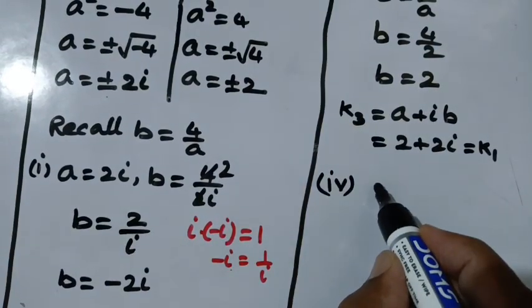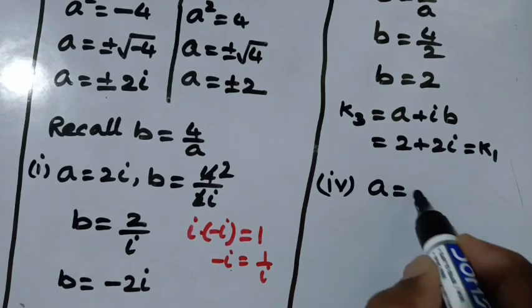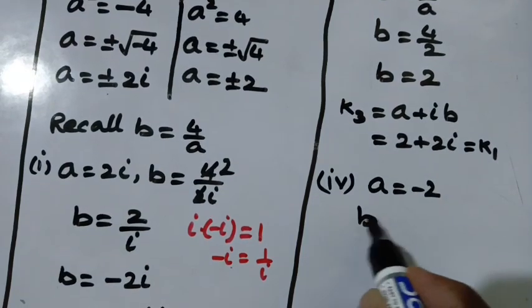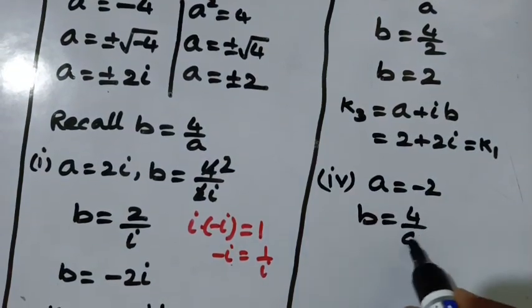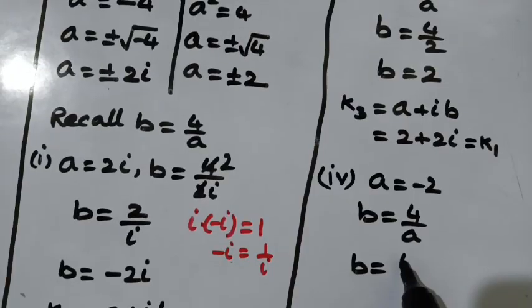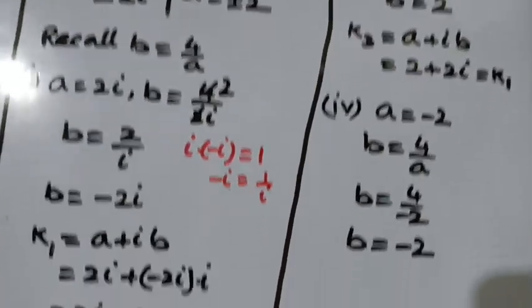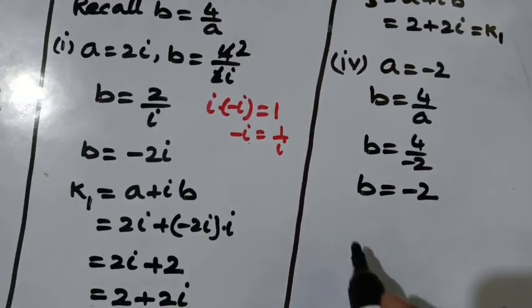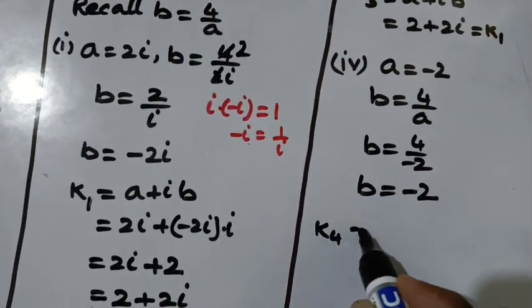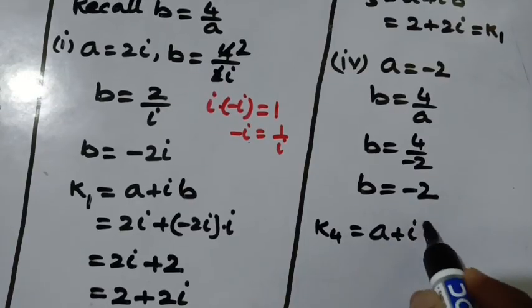We can go for the fourth case, in which a is equal to minus 2 I take, and b is 4 by a. So b is equal to 4 by minus 2. So b is equal to, cancelling by 2, we get minus 2. So when b is minus 2, then the fourth value of k we get is a plus ib.